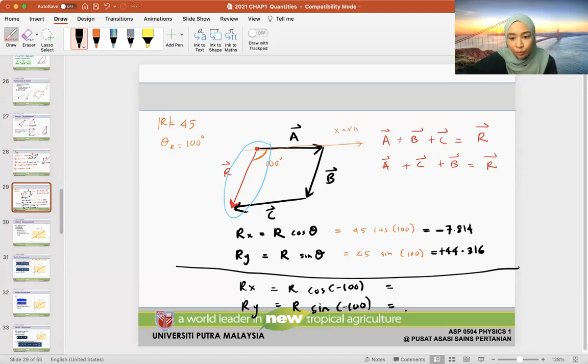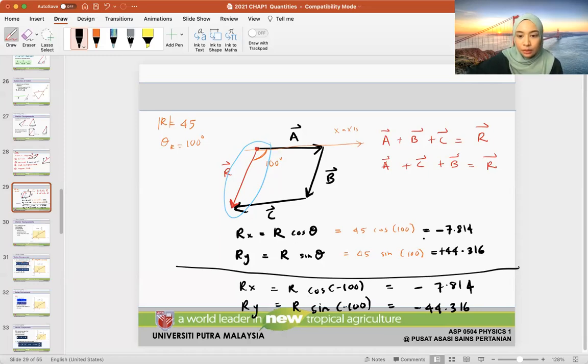So for the y component, you get a negative 44.316, and for the x component, it's still 7.814.